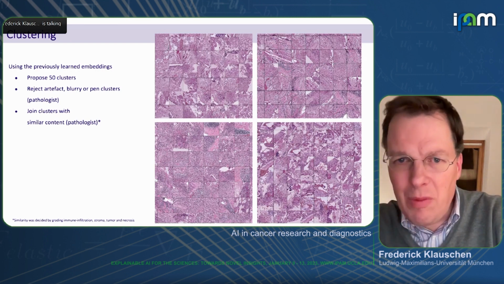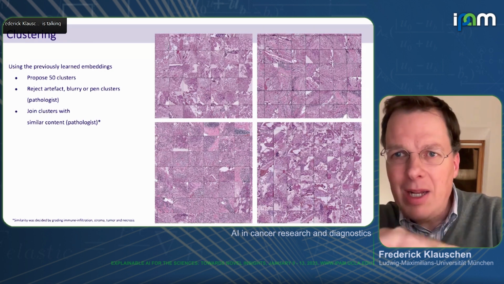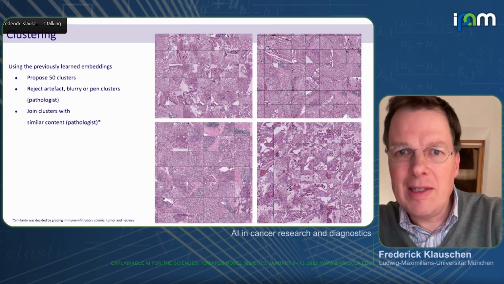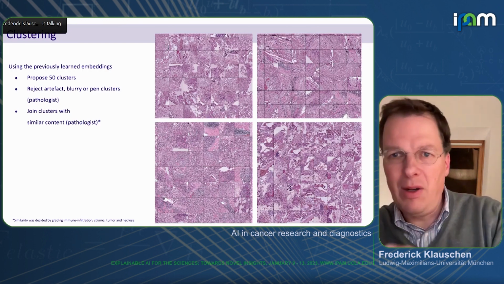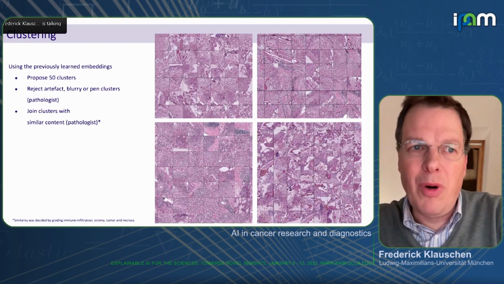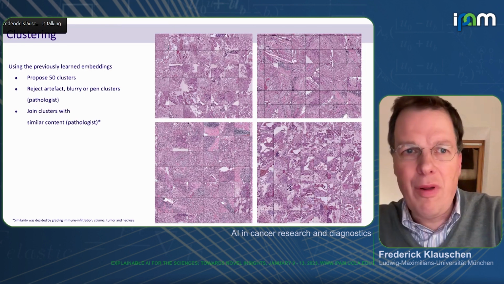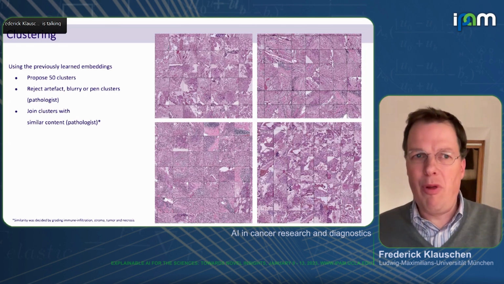And I think even without being a pathologist, you can see that the 4 large squares contain small tiles that look in a way more similar among each other than across the tiles, right? And so these clusters were proposed by the self-supervised learning and then further refined by manual evaluation by pathologists.